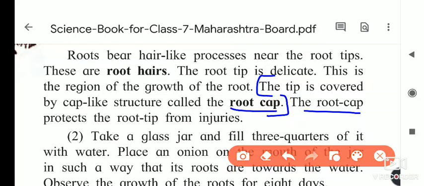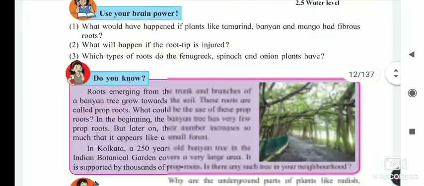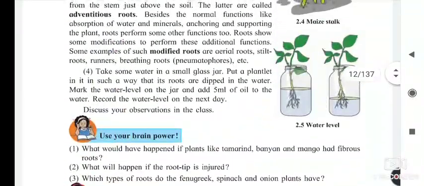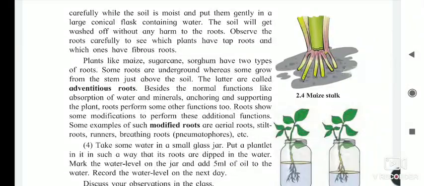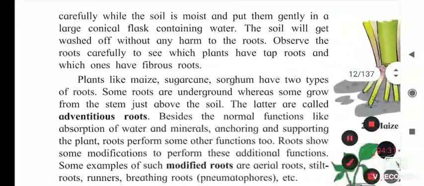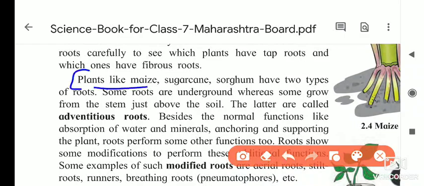Now the next definition is adventitious root. Move towards that in the lesson. You will notice that different types of roots are given. Modified roots are there, adventitious roots are there. So here is adventitious root. What is the definition given? Plants like maize, sugarcane, sorghum have two types of roots.